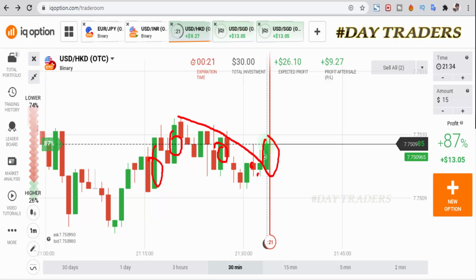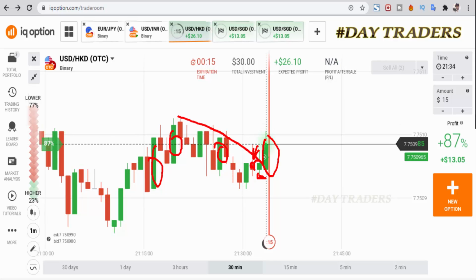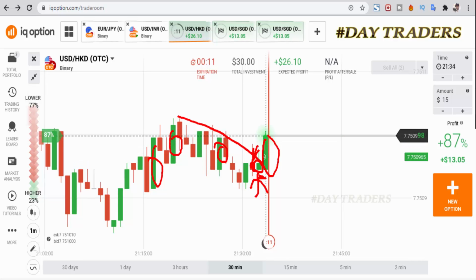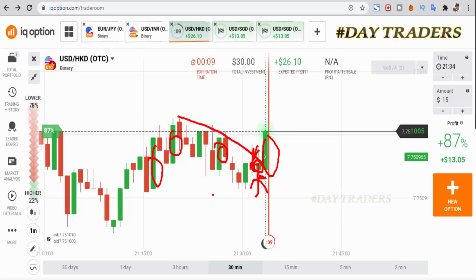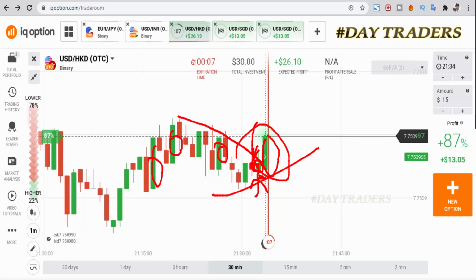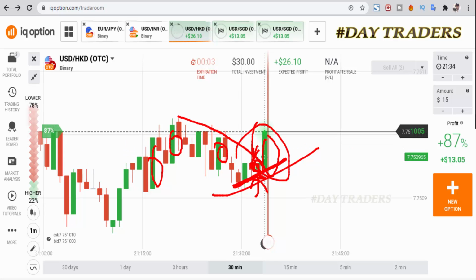I was expecting a seller's entry after this bearish momentum, but there are no sellers interested in the market. After this green candle, it's giving a signal that some buyers are interested in the market. So that's the reason I'm expecting a bullish candle. Okay, next support level is here.